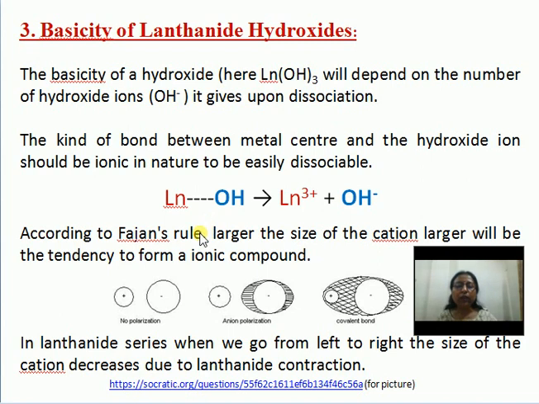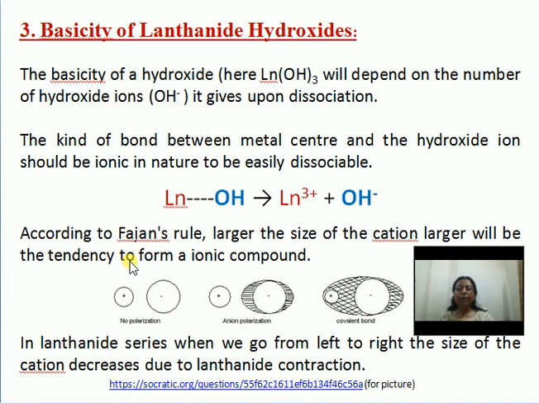But you know, because of this lanthanide contraction, when we move from left to right in the lanthanide series, that is from La3+ to Lu3+, the ionic size of Ln3+ becomes less. It decreases. So what will be the effect? The compounds will be more covalent in nature. They will be less ionic in character.